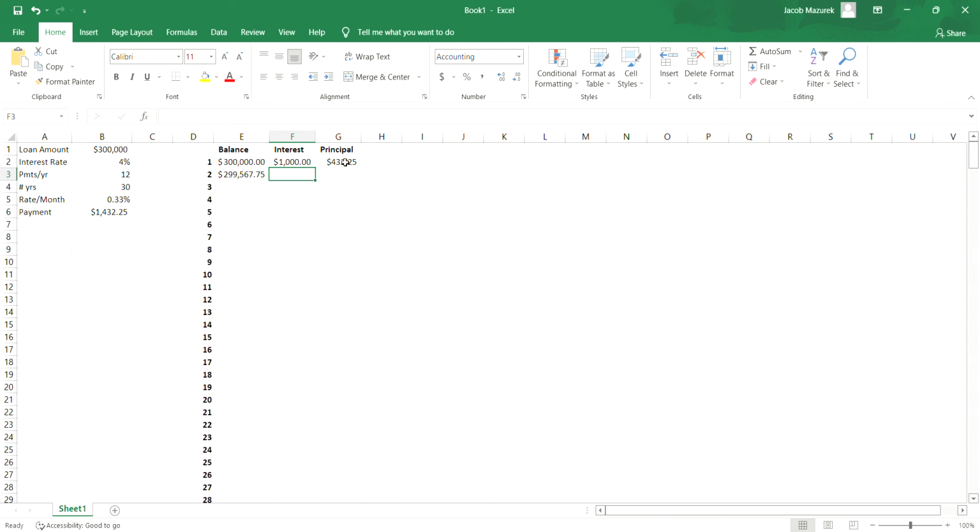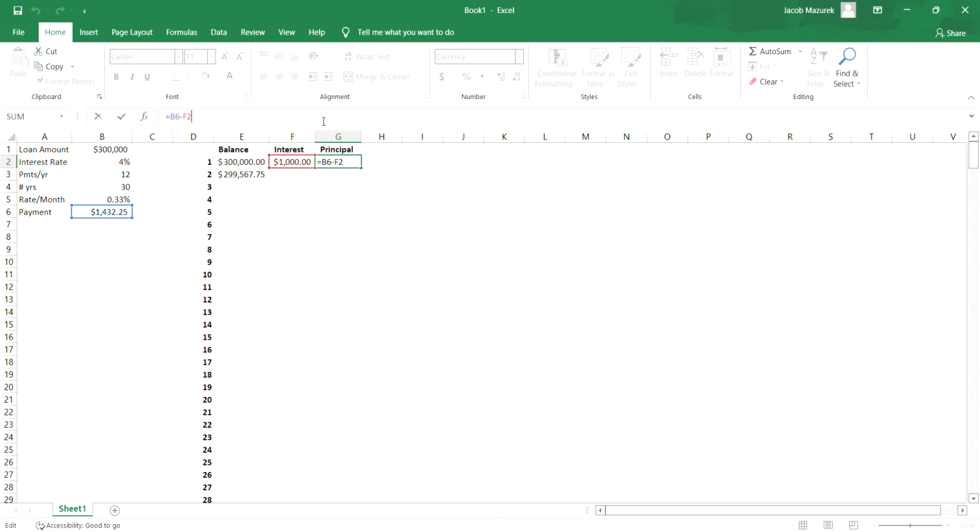We also have here, every time we want to be subtracting the interest payment from the amount of the payment. So we're going to do the same thing. We're going to highlight B6 and press F4. And we get dollar signs again. And like I said earlier, instead of doing that F4 thing, you could very well type in dollar signs.